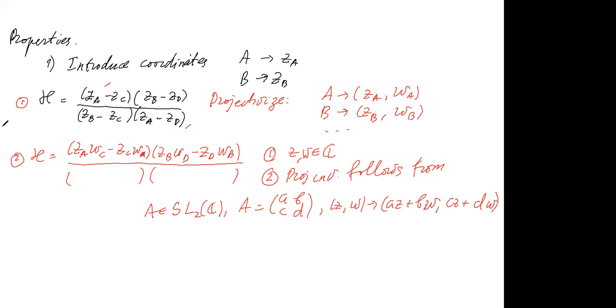What else? Actually, the following statement, we shall prove it a little later, but I think it is worth mentioning right now. It is the second important property of this cross ratio, that the cross ratio is the only projective invariant of 4-tuples of points in the projective line.